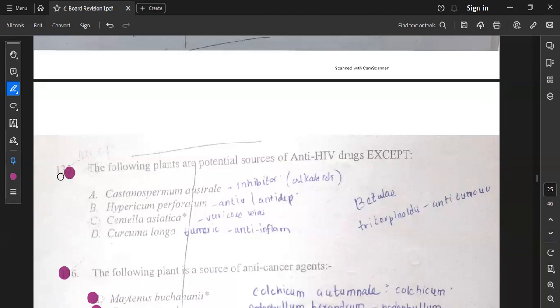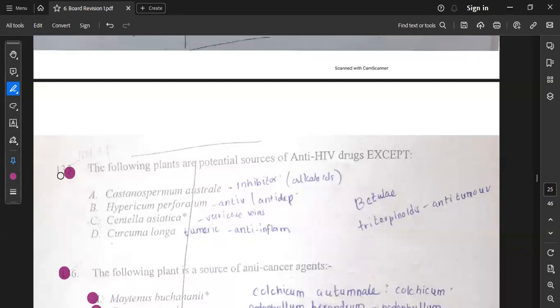Curcuma has antiviral activity. Okay. Curcuma is cucumber, right? It's not turmeric. I don't know. I really don't know. It's turmeric.